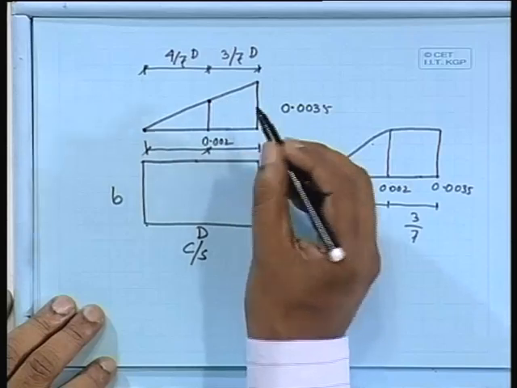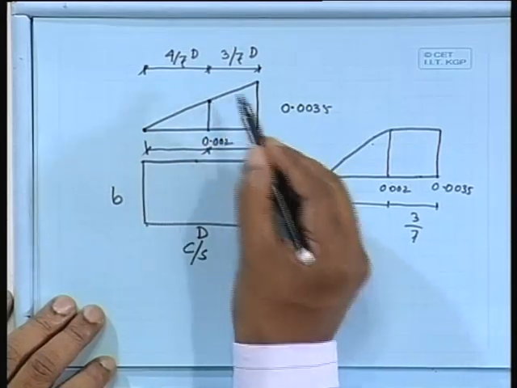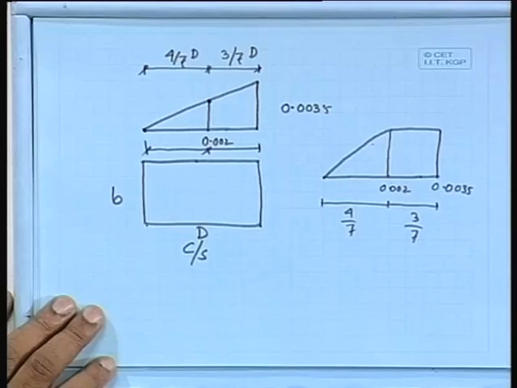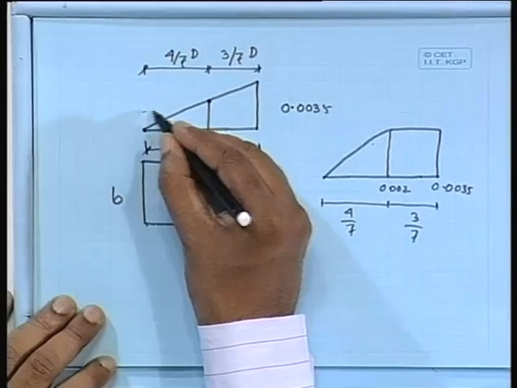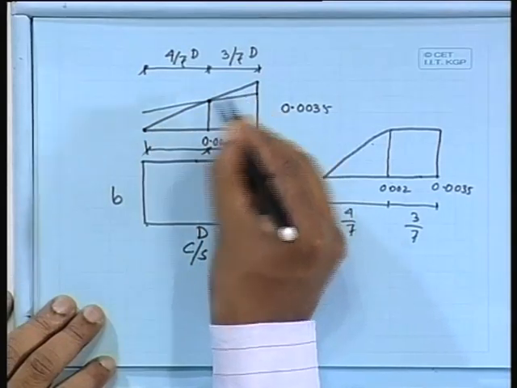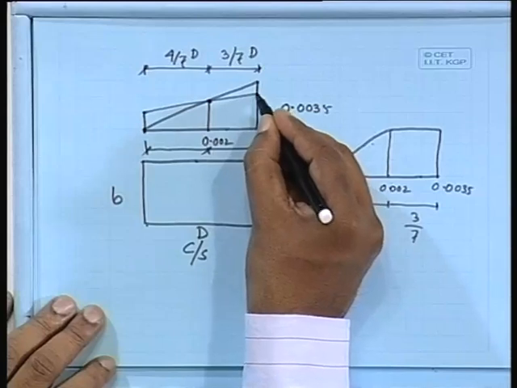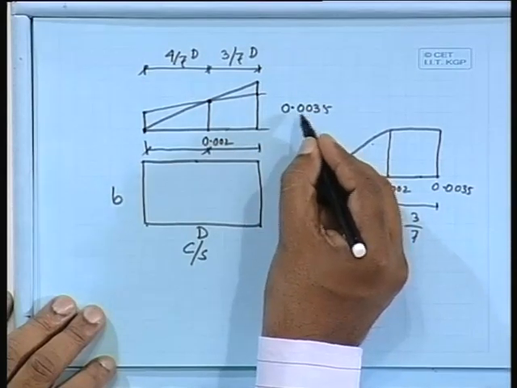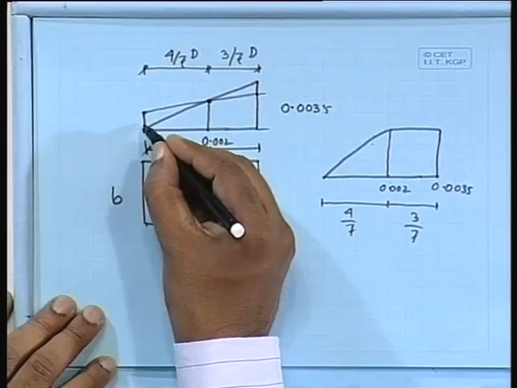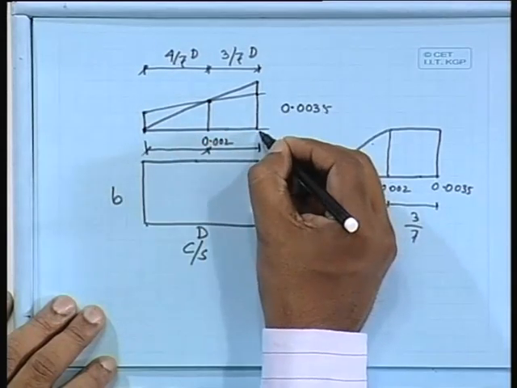The assumption says that if we rotate about this point like this, then we shall get one strain here which will be less than 0.0035, and the other strain is developed. This is the least compression side, and this is the maximum stress compression side.